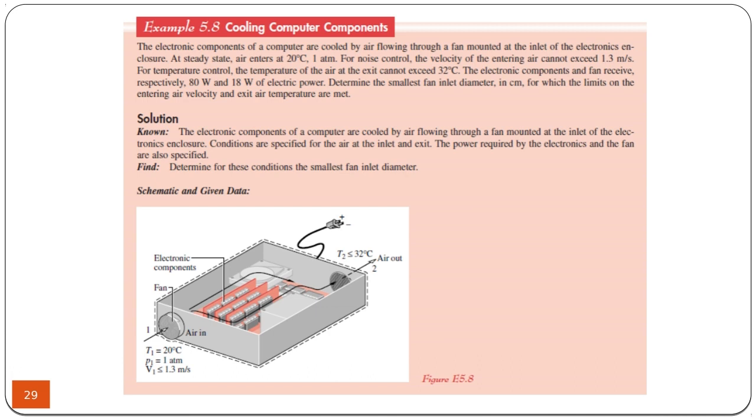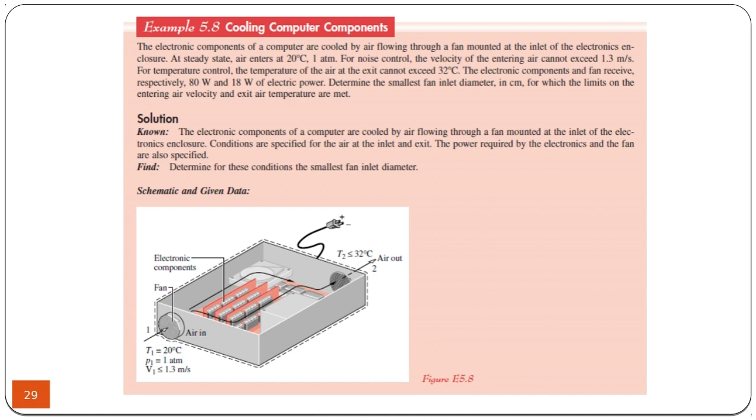In this example, we are given an electronic system which needs to be cooled. So we used a cooling fan. Air comes into the system. This could be a computer case. Air comes to the computer case at 20 Celsius, 1 atmosphere, and because of noise considerations, it's necessary to keep the velocity of the incoming air less than 1.3 meters per second.